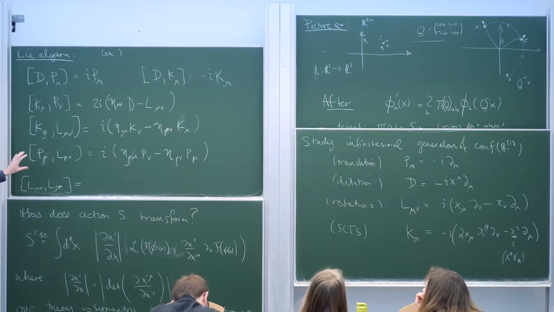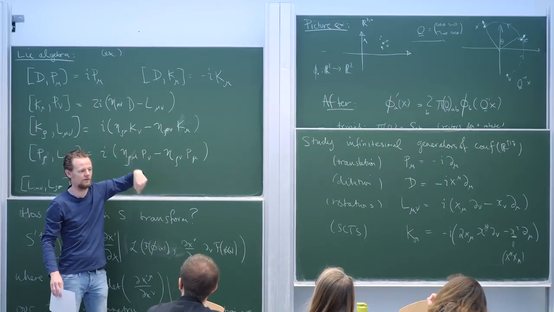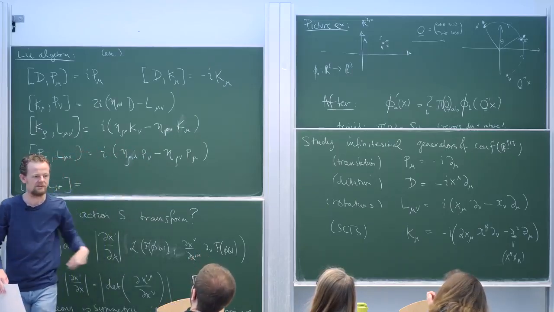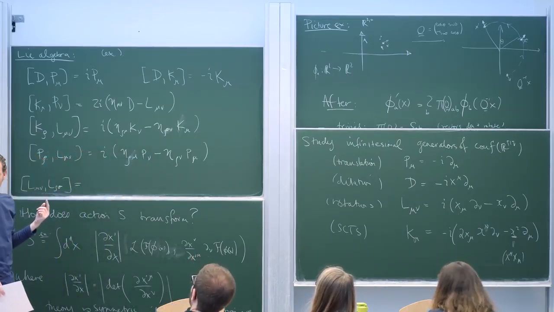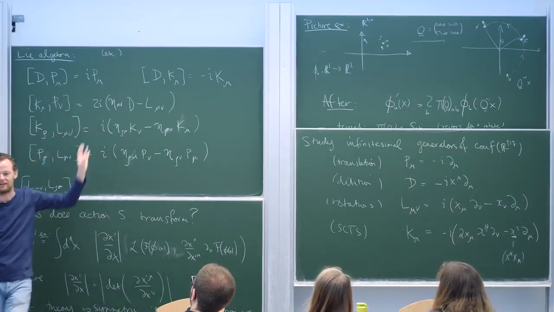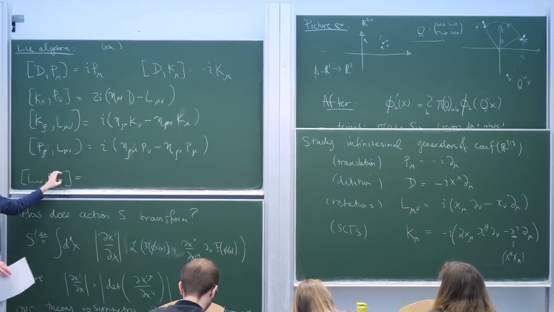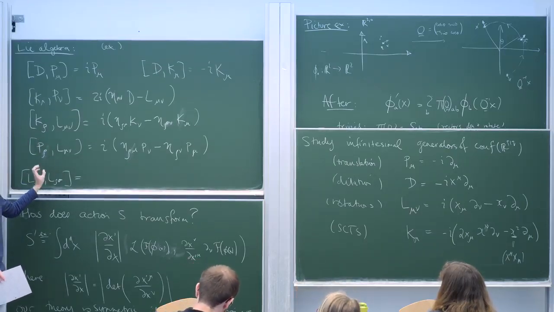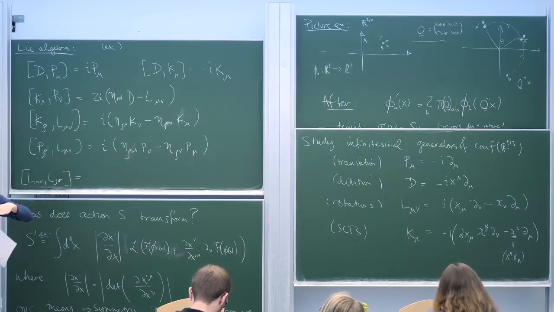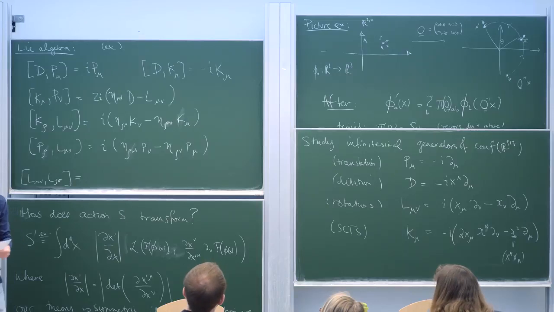If you know that a special conformal transformation is basically a translation, but where you've inverted through the origin twice, then you know that it would have to be some kind of special conformal transformation after a boost or a rotation. So here, boosts and boosts, it's going to be complicated because of Thomas precession. If you boost once in one axis, then boost along another axis, that's equivalent to a boost and a rotation. So, yeah.